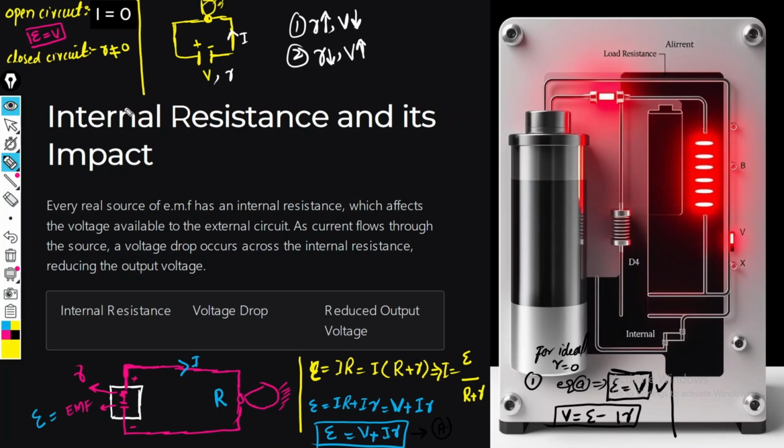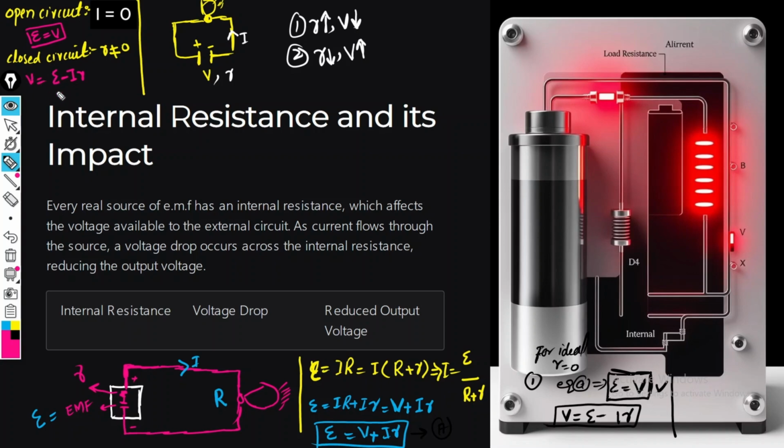So here the voltage V, the voltage across this resistor, is equal to the electromotive force minus the current times the internal resistance. So in this case, the voltage passed through here will be reduced from this electromotive force.